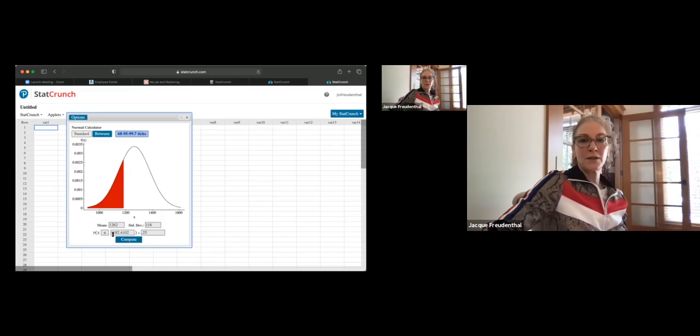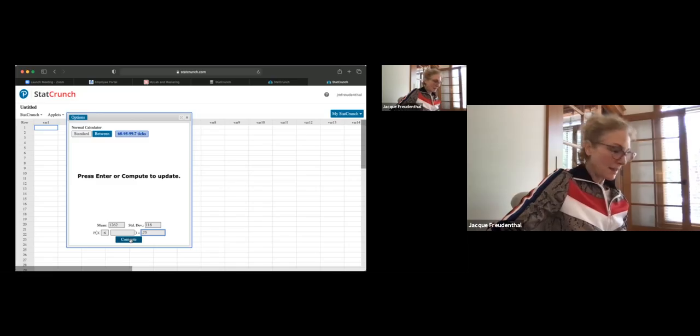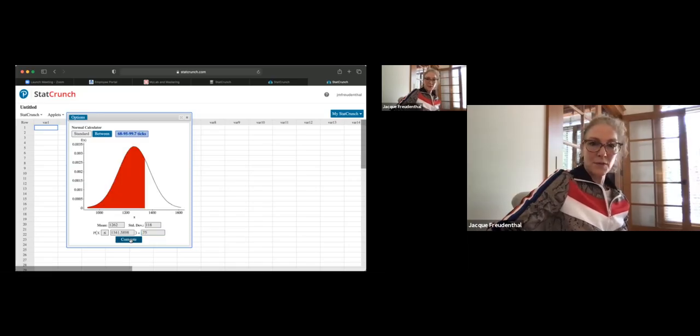So when I hit compute, I get 1182 approximately. I do the same thing, but this time I'm going to put 0.75. I don't know the number. I want less than that number to give me the 0.75, and I have 1342. I round it up. Then I would subtract those quartiles and get my answer.